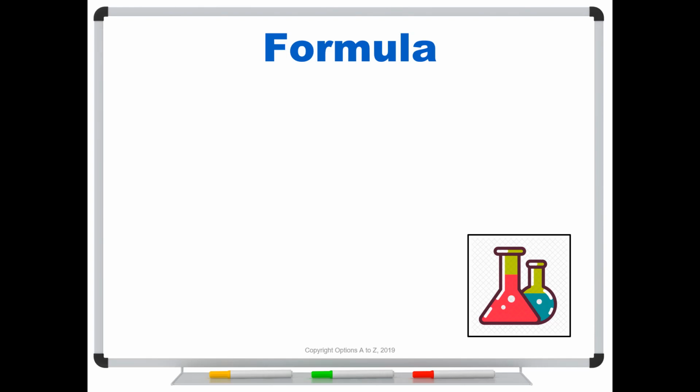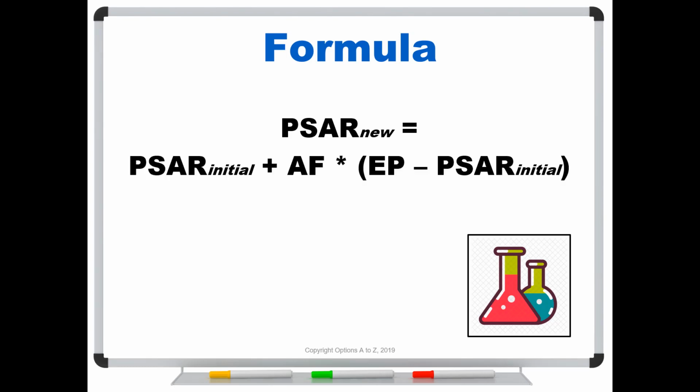But the basic formula says that your PSAR formula, the new value, is going to be equal to the old, or what we might call the initial PSAR value, plus what's called an acceleration factor, times the EP, which is actually what's called an extreme point, minus that initial PSAR value. So yeah, that might actually look kind of complicated, but believe me, it gets a lot worse when you look at all the if-then conditions, and that's why it's so nice to have the computer do it for you.